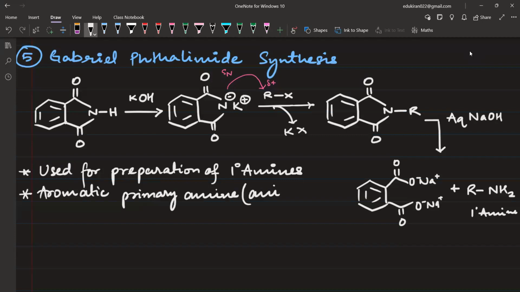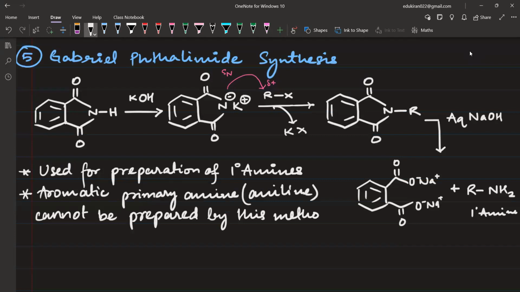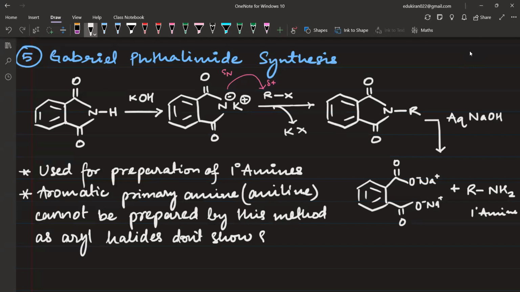That is aniline. It cannot be prepared by this method, as aryl halides don't show SN.